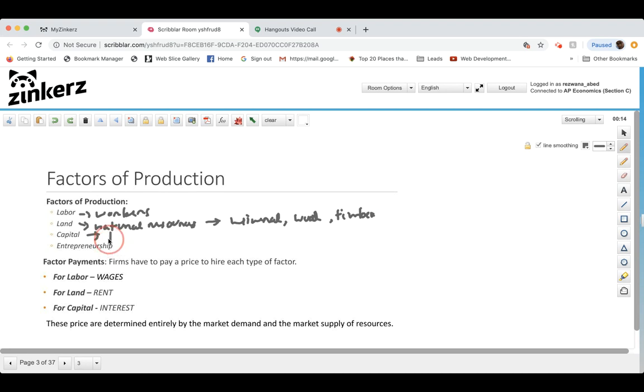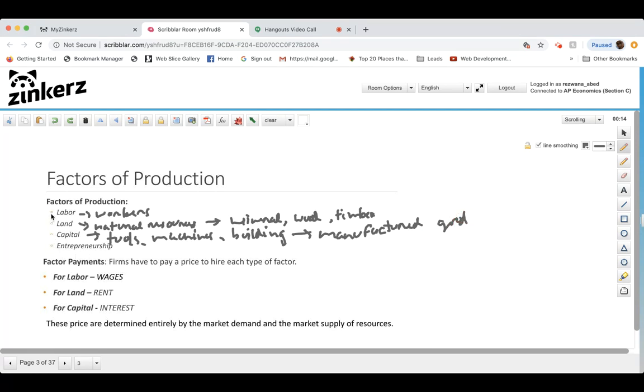Capital, remember, is tools, machines, buildings, things that have been manufactured that we can then use to make goods and services. So, manufactured goods.